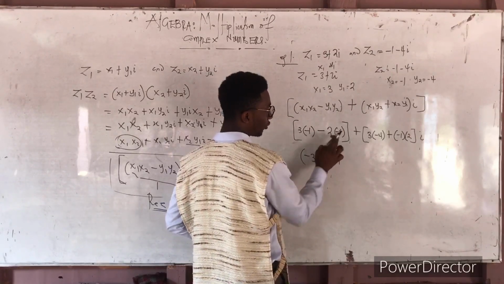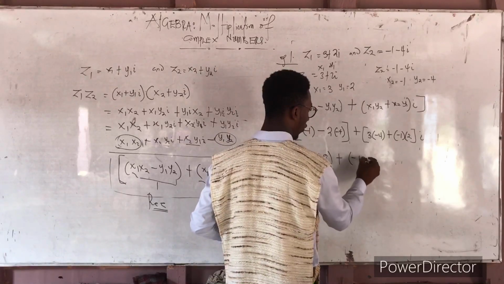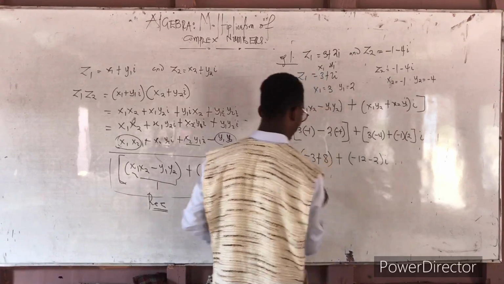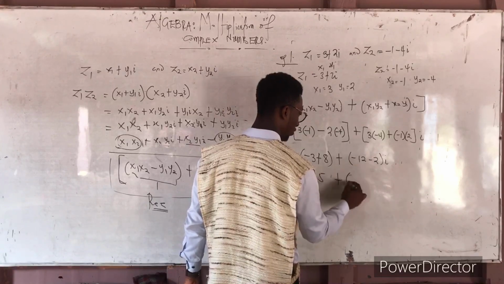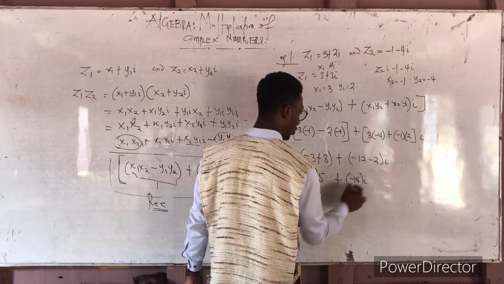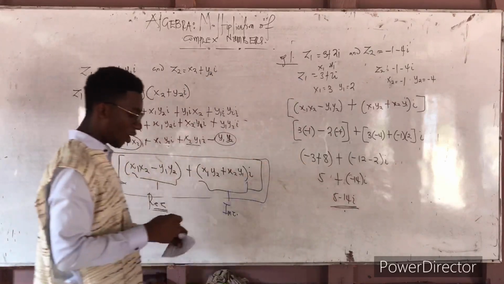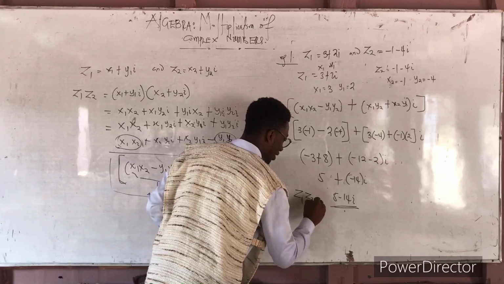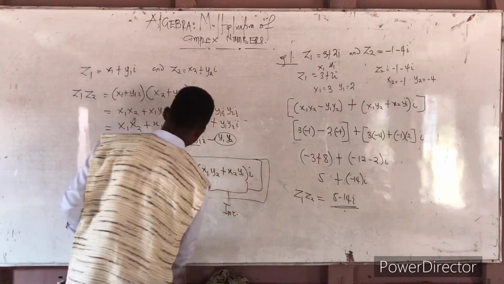Minus 2 times minus 4 gives plus 8, so the real part is minus 3 plus 8, which is 5. For the imaginary part, this one gives minus 12 and this one gives minus 2, so we get minus 14. Therefore it's 5 minus 14i, and this becomes our final answer. So Z1 multiplying Z2 is equal to 5 minus 14i. Okay. Let's take another example.